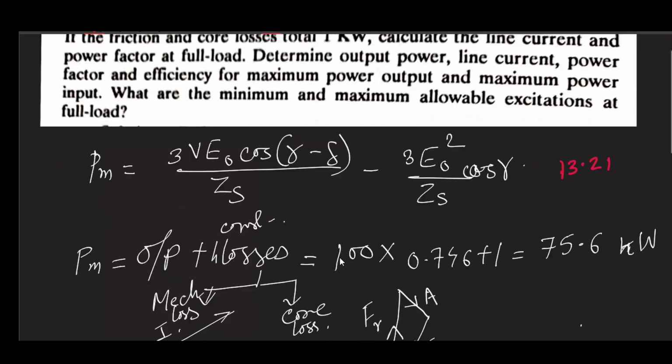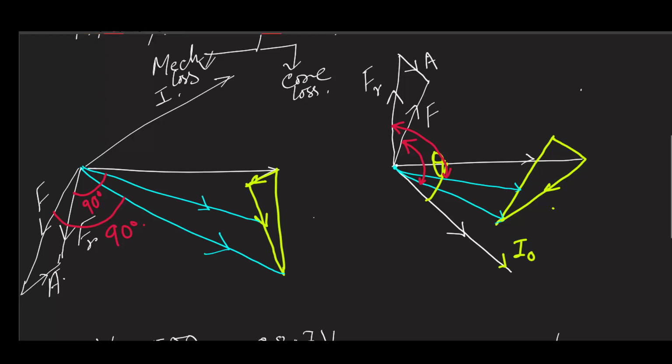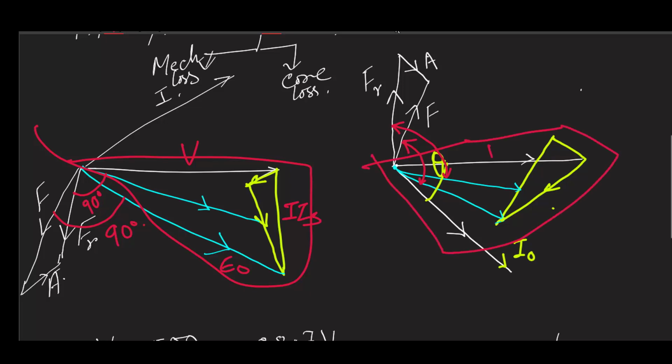So this we can write, if we consider this phasor diagram, from this triangle, or from this triangle, basically the synchronous machine impedance triangle, what we can write, sorry, I made a mistake, yes, this triangle: V, I Zs and E naught, and similarly here this side V, this side I Zs, this side E naught.